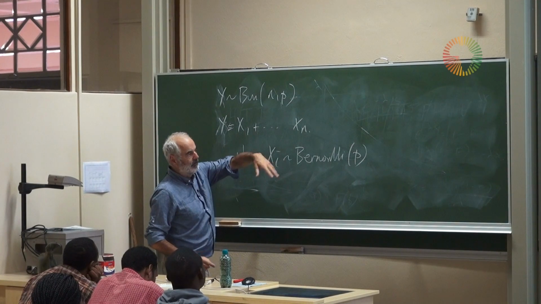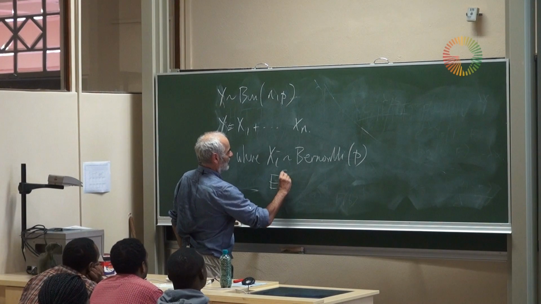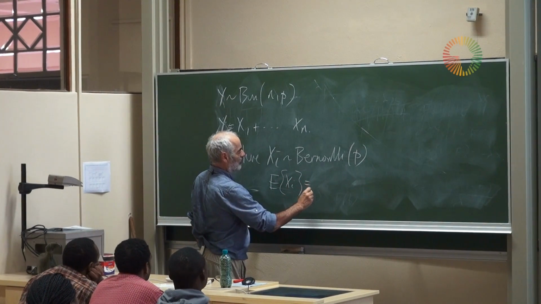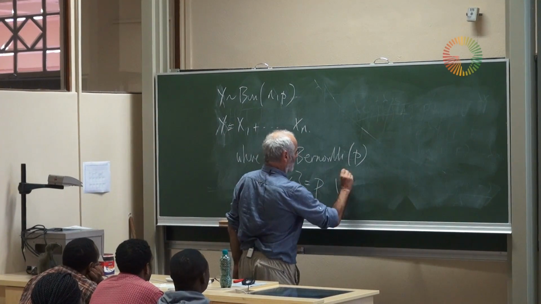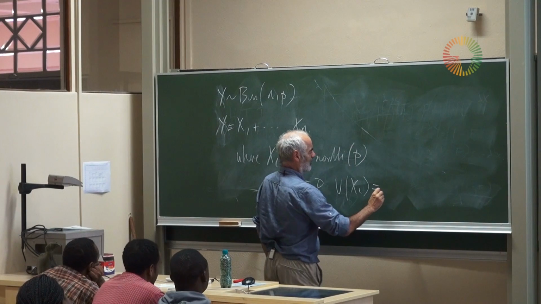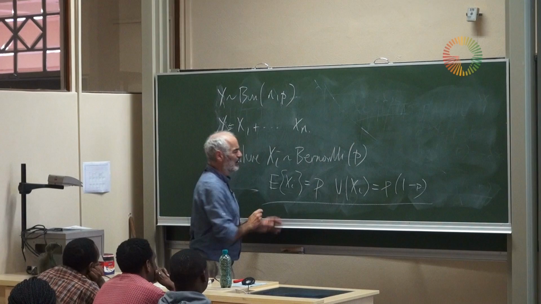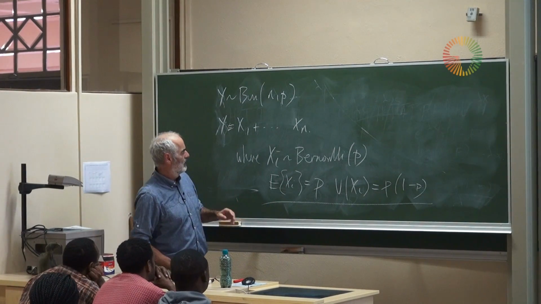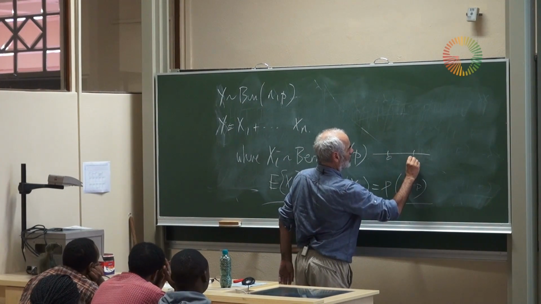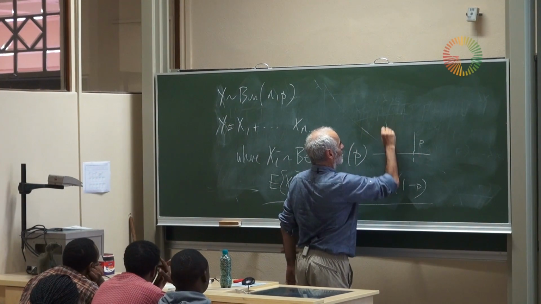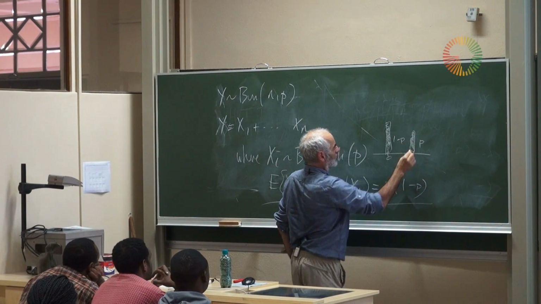Now we know from lecture 2 that the expectation of xi, what's the expectation of xi? p. And the variance of xi, can you remember that? p times 1 minus p, which we just calculated, because it's just got a lump p here and 1 minus p on 1.